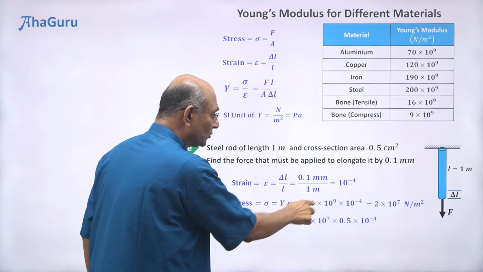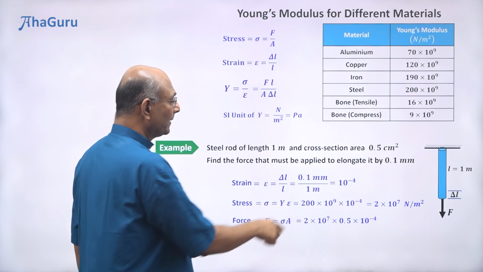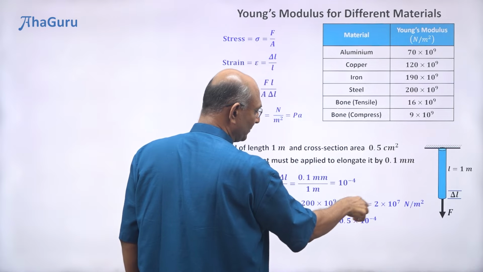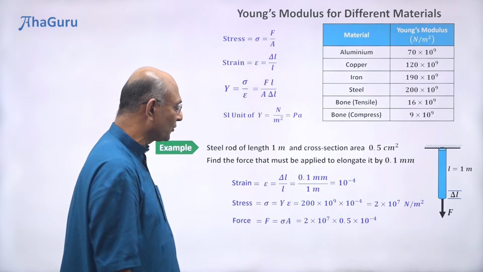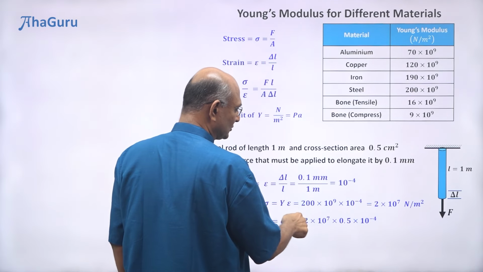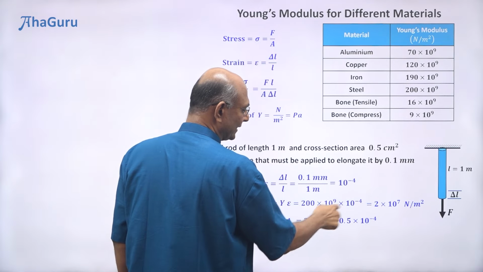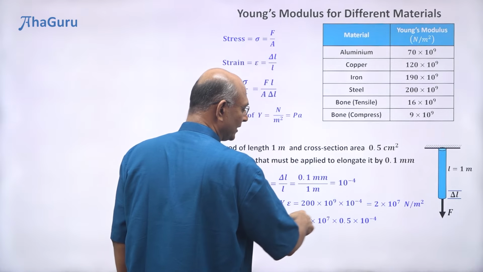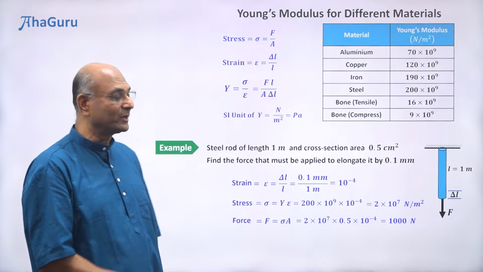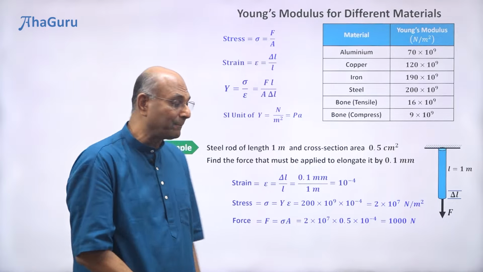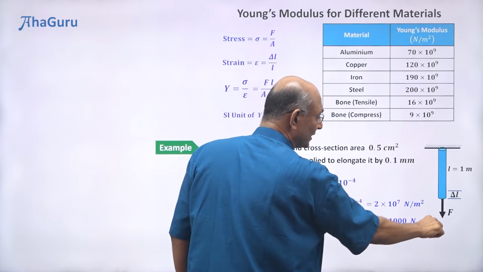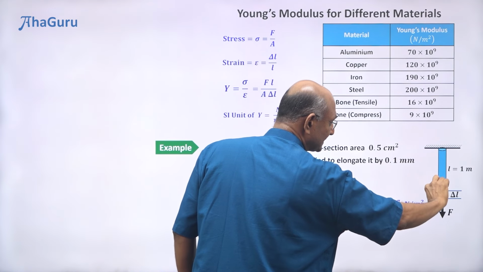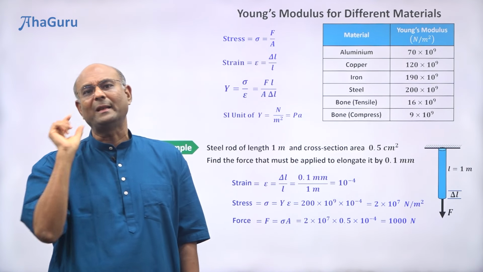So this is 2 into 10 power 7, that is sigma. 0.5 centimeter square to meter square is multiplied by 10 power minus 4. So if I now multiply this, 2 into 0.5 is 1. This is going to give me 10 power 3, 1000. So basically 1000 newtons. So how much force must I apply? You must apply 1000 newtons so that this rod extends by just 0.1 millimeters.